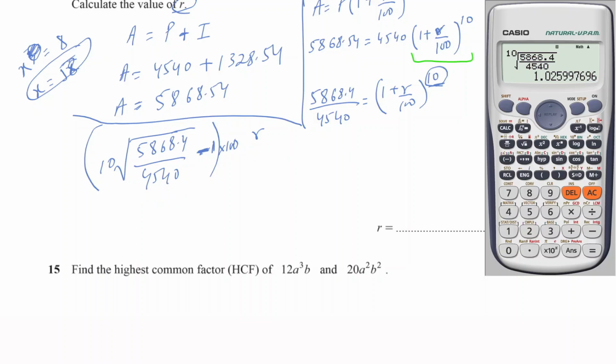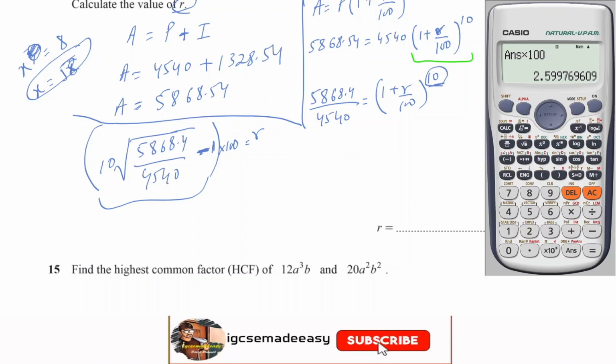So the value of r: first I shifted 1 over with a negative sign, then we are left with r by 100, and I shifted 100 over there. Whatever answer comes, I got 1.2 something, I have to subtract 1 from it, and then multiply by 100 to get the value of r.